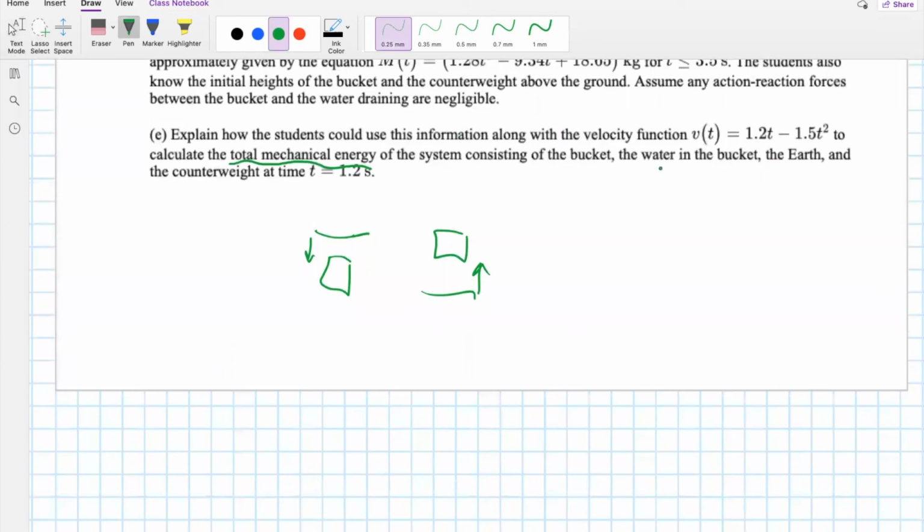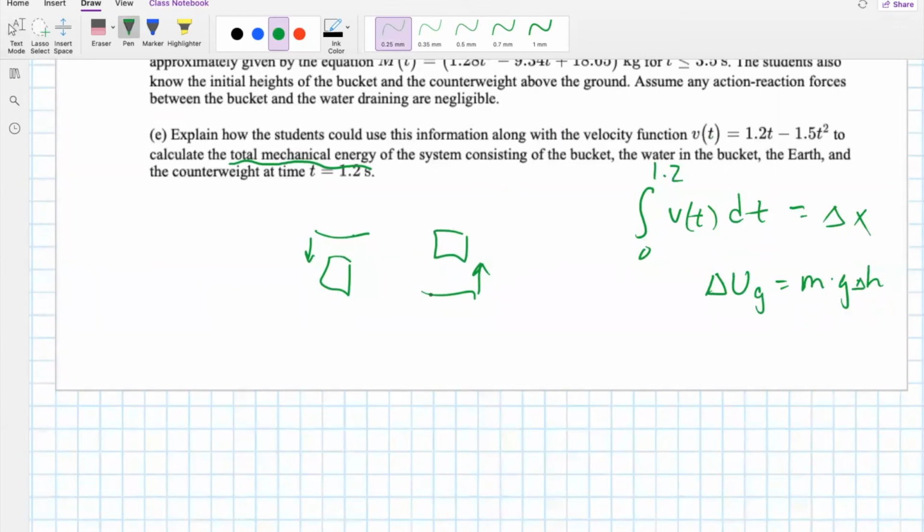So what do we do with this? Well, we can take the integral of this. If we take the integral of the velocity function with respect to time from 0 to 1.2 seconds, that's going to give us the displacement. So if we know the displacement, the change in gravitational potential energy is going to be relative from their location.